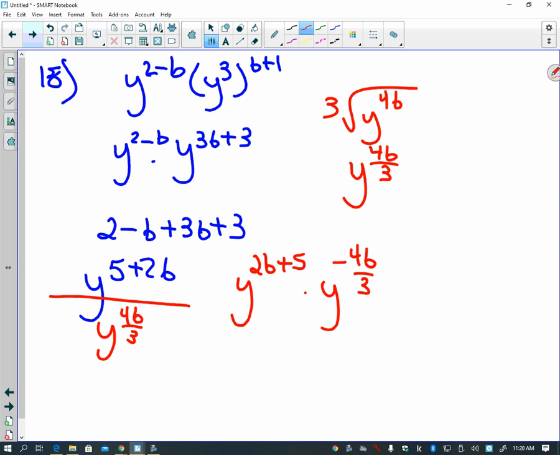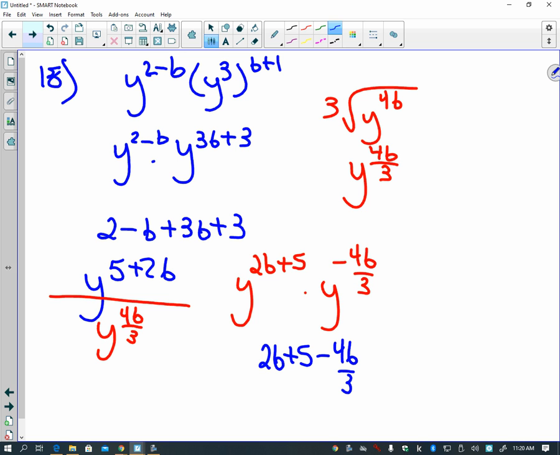At this point I've got the same bases, so I want to add their exponents: 2b plus 5 minus 4b over 3. My like terms are 2b and negative 4/3 b.